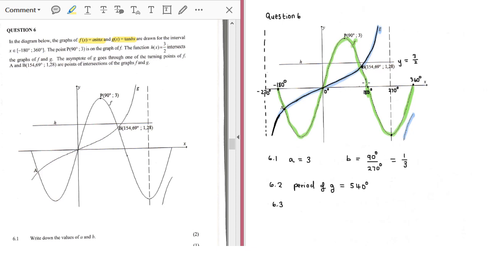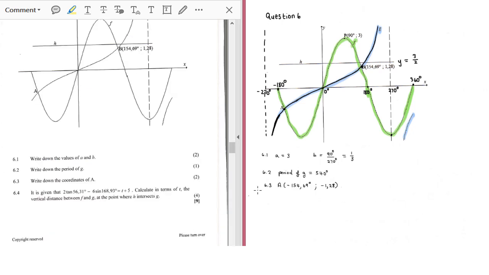The only thing that would have to change when we do that reflection is a change in sign. In the first quadrant we've got positive y, positive x, but in the third quadrant we've got negative x and negative y's. So we just need to change the signs over here. So this is going to be negative 154.69 degrees, and then we're going to have negative 1.28.